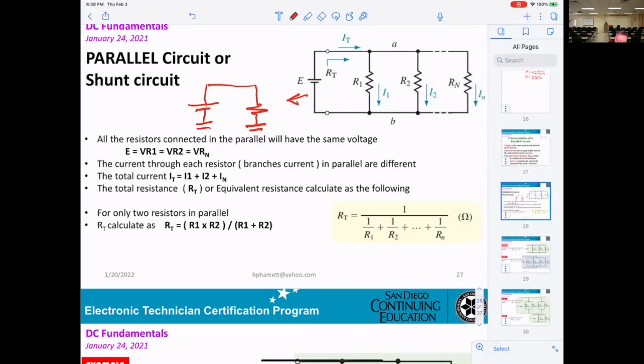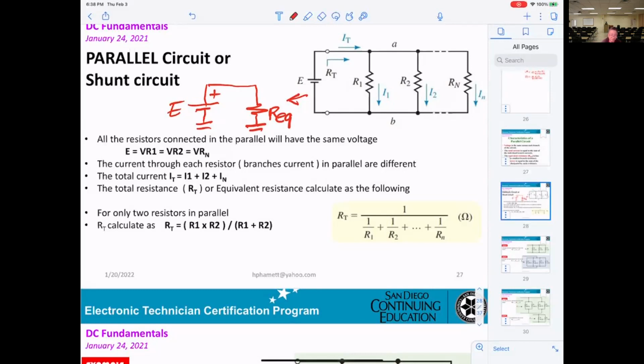That still be E. However, they are equivalent. You see that? The Ohm's law will be applied to this circuitry.